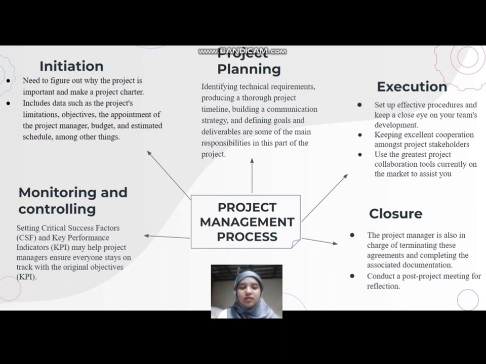Setting critical success factors and key performance indicators may help project managers ensure everyone stays on track with the original objectives. And lastly is the closure, where the project manager is also in charge of terminating disagreements, completing the associated documentation, and conducting a post-project meeting for reflection.